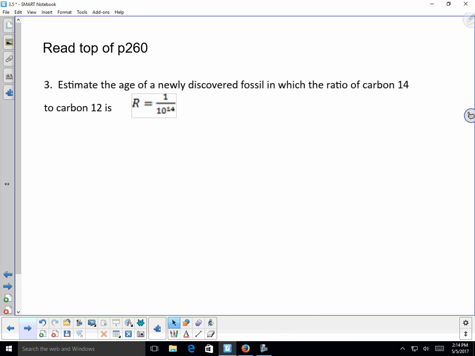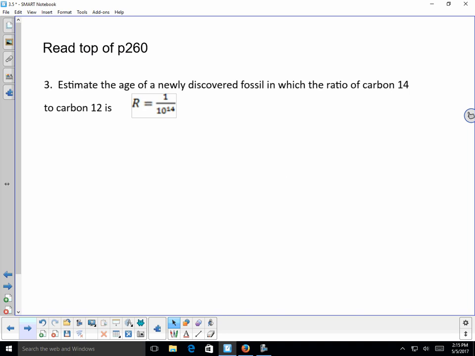Okay, let's look at the top of page 260. So many great application problems in this section. On page 260, in living organic material, the ratio of the number of radioactive carbon isotopes, that's carbon-14, to the number of non-radioactive carbon isotopes, that's carbon-12, is about 1 to 10 to the 12th.